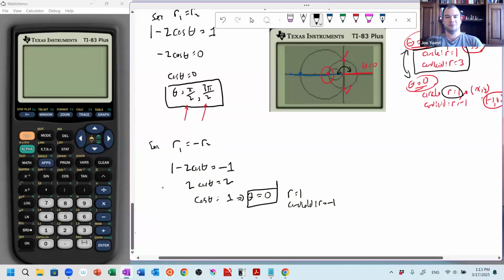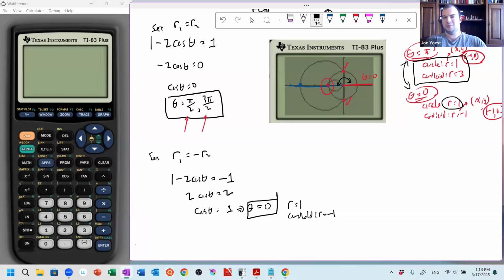The two curves do intersect whenever theta is 0 as well. So they intersect at the points x comma y equals 0 comma 1, 0 comma -1, and at the points x comma y equals -1 comma 0.